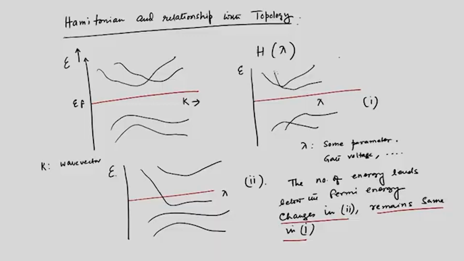In case 1, the system is in the same topological state, so the topological invariants are the same. If you refer to the last lecture that we delivered, there was the mug changing into a donut. So this is like the mug changing into a donut, and the systems are topologically equivalent.